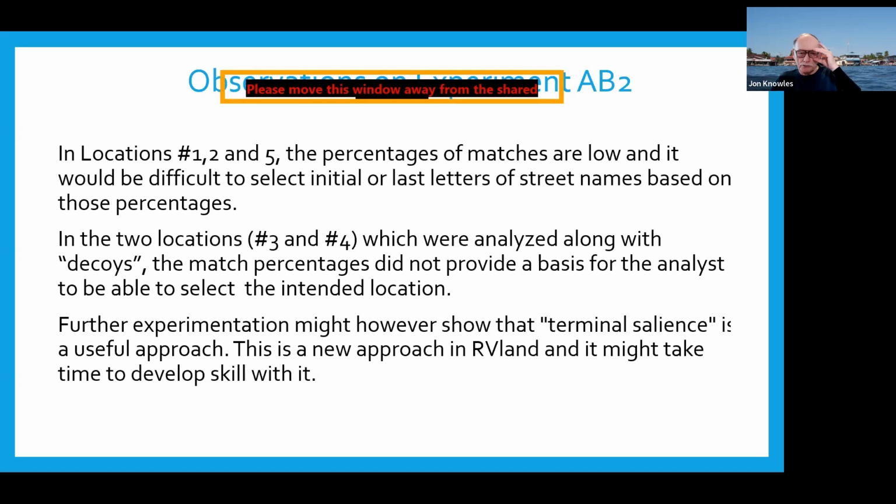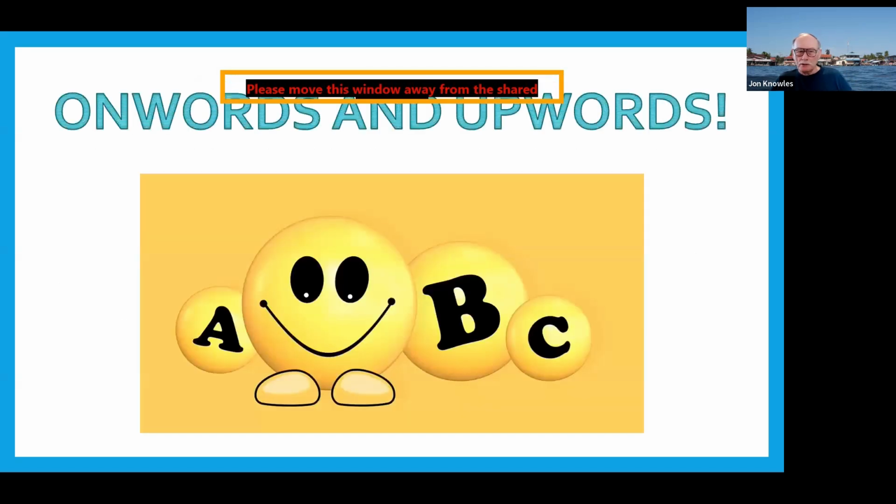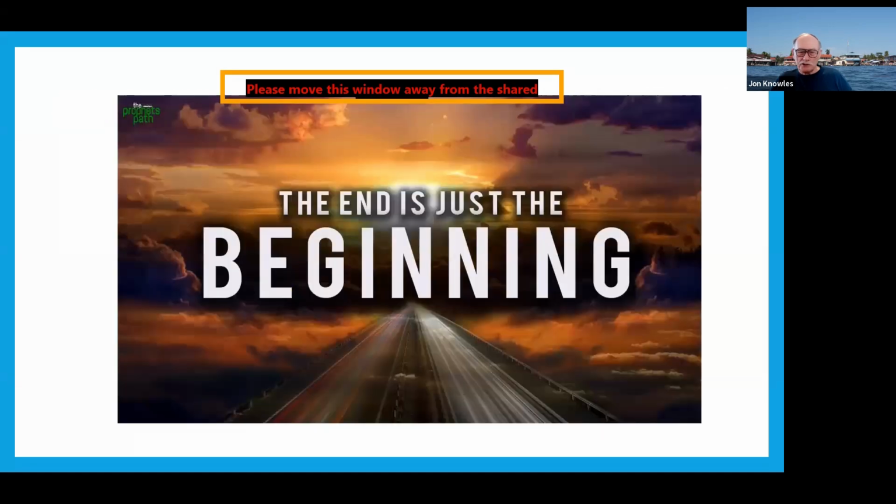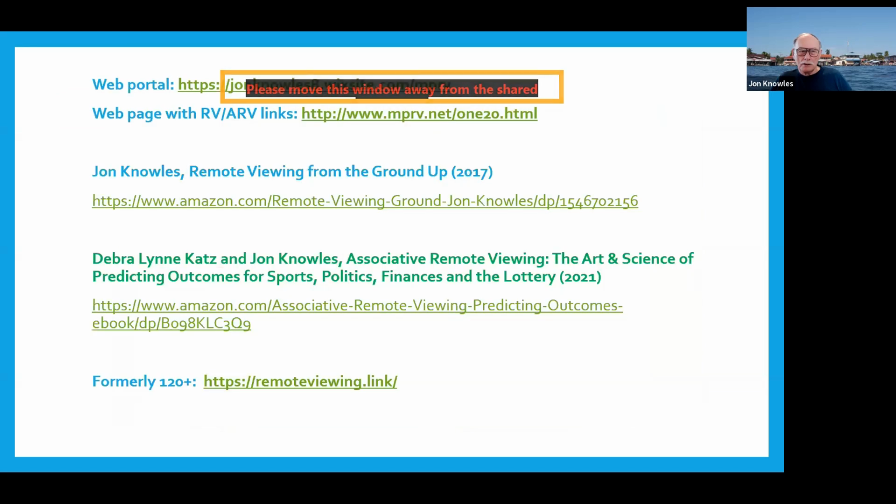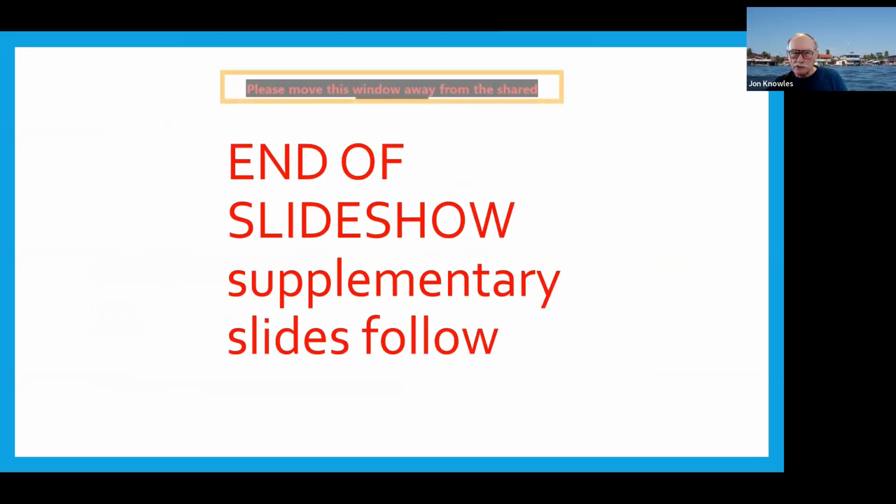This is a new approach and it might take time to develop skill with it. So onwards and upwards. The end is just the beginning. And this is my information about the book that Debra and I wrote, which has the chapter on alphabetics or alphanumerics and other information. So that's the end of the slideshow.